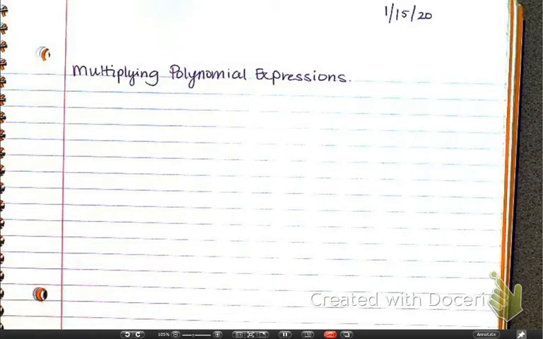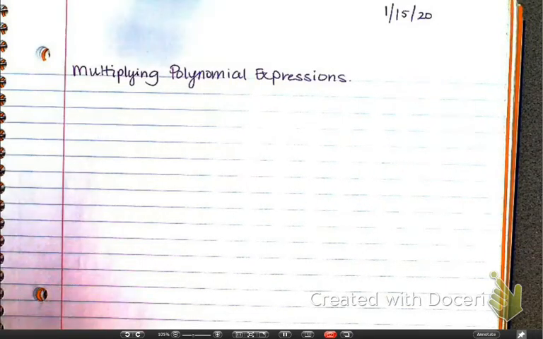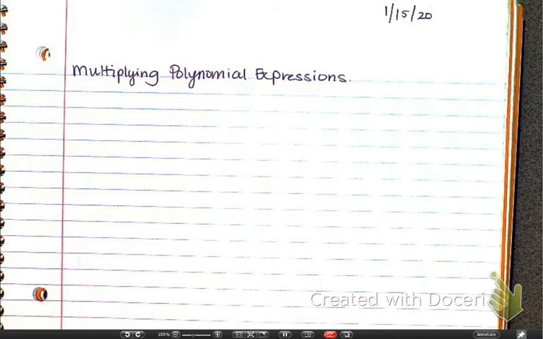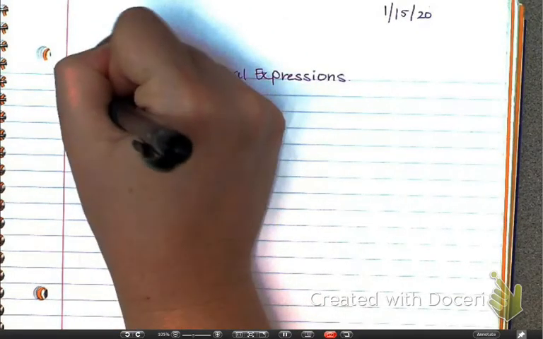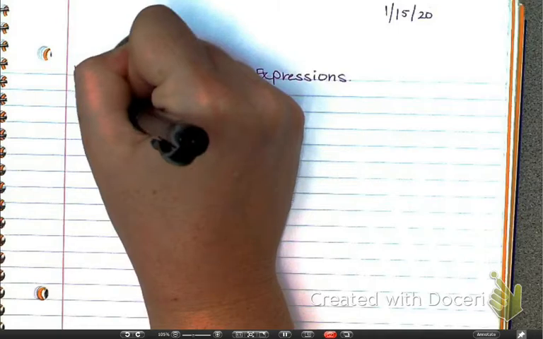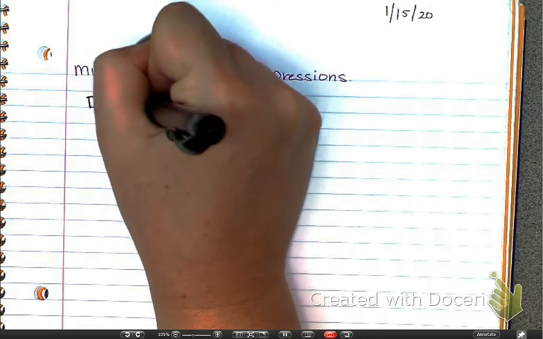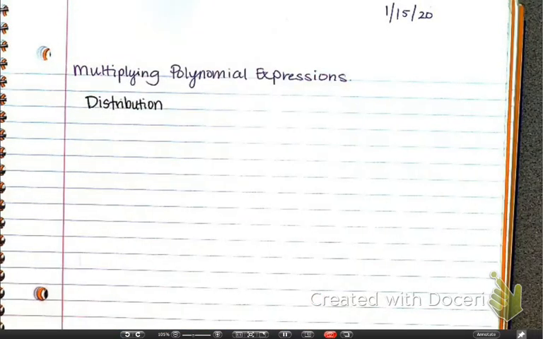Okay? There are two methods that I'm going to show you. You can choose the method that works best for you. I don't care which one you do. One gives you a little more organization. The other one, you have to organize it yourself a little bit more, but you do you. Okay? So the first method is just going to be distribution.